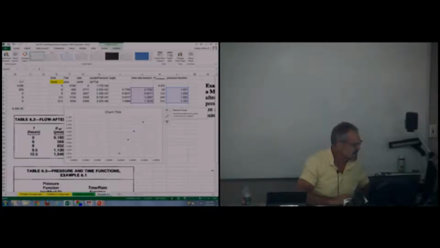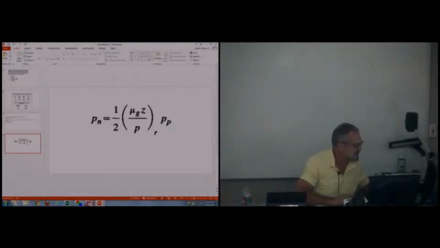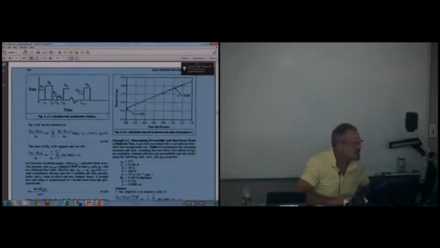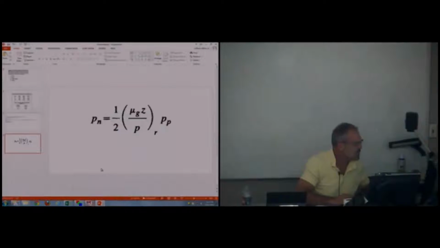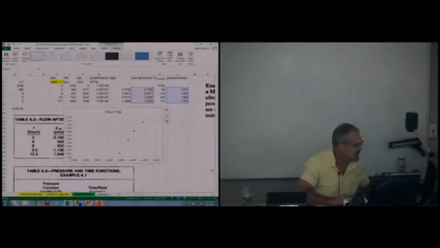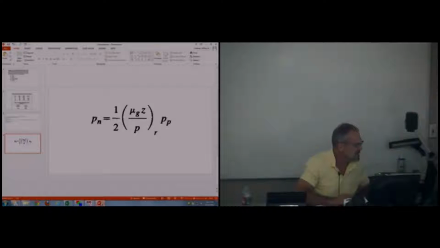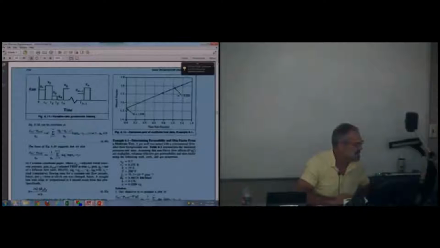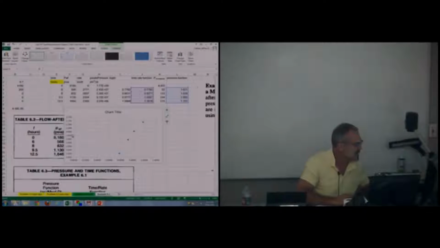Okay, now let's look at the textbook and see what he's doing. He's going from 0 to 1.4 and 1.4 to 1.9. One more time, Joe. Y-axis is 1.4 to 1.9.